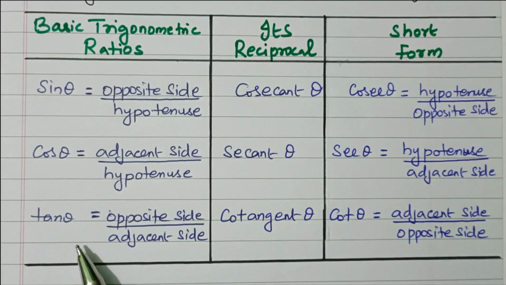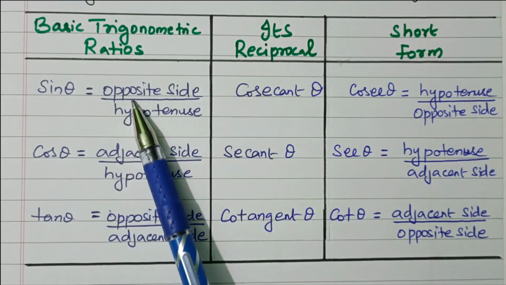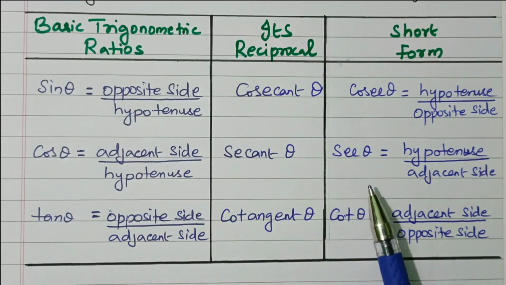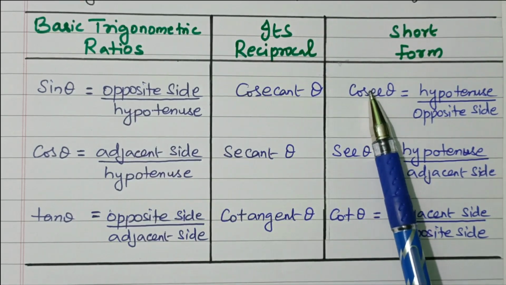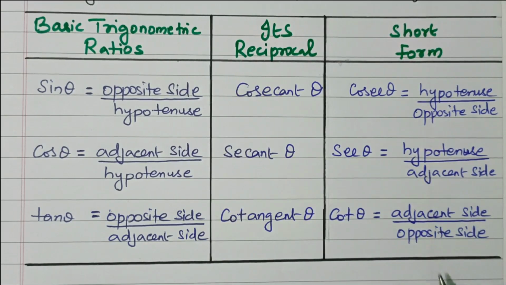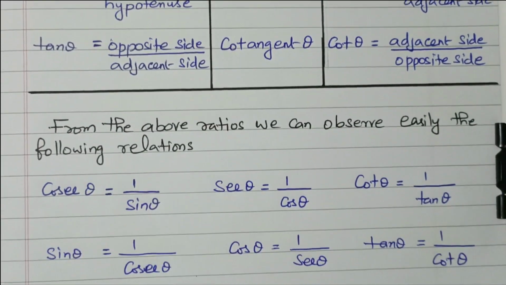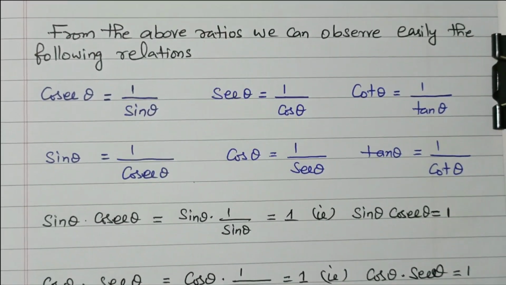So tan theta is opposite side by adjacent side, and its reciprocal cot theta is adjacent side by opposite side. So from the basic ratios we can easily calculate the reciprocal ratios. The formulas are available for them too. Now we'll see the relation between the basic ratios and the reciprocal ratios.